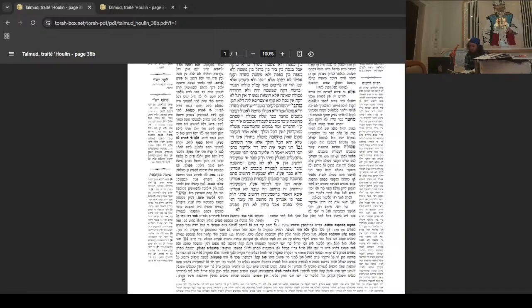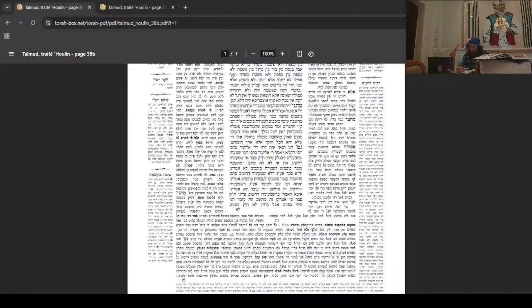When you bring it as a korban, the best smelling part, the top of the liver goes to Hashem.